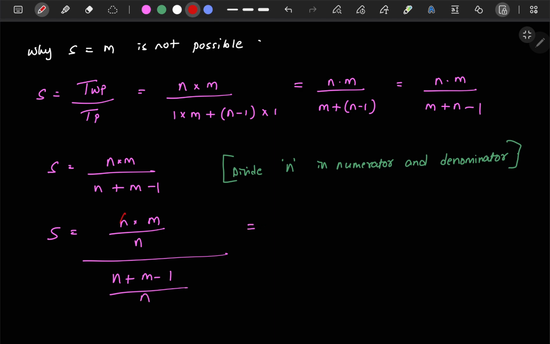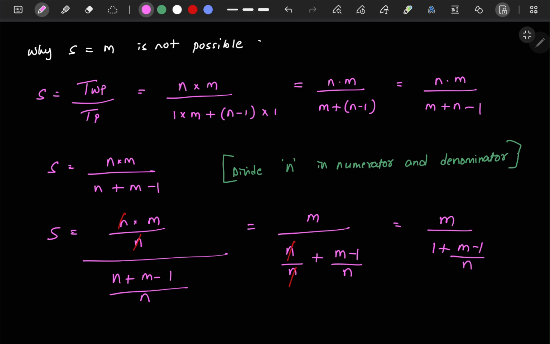This n will get cancelled. And in the denominator I can write n divided by n plus m minus 1 divided by n. Now this n divided by n is 1, so we get m divided by 1 plus m minus 1 divided by n.